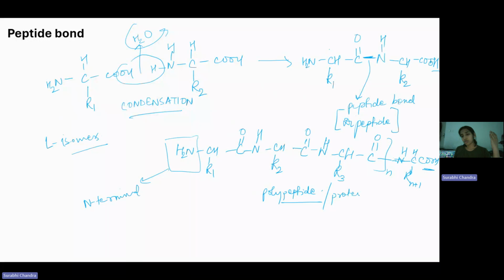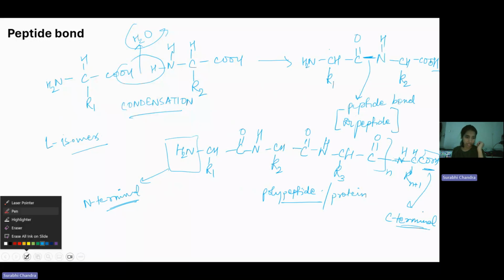So this is the N terminal, and the very end where only the carboxyl group is present is called the C terminal of the protein. All right. This is the C terminal, and this is the N terminal for the protein.